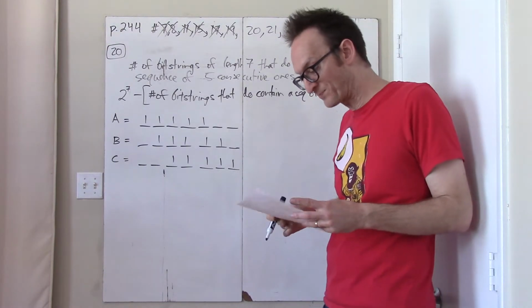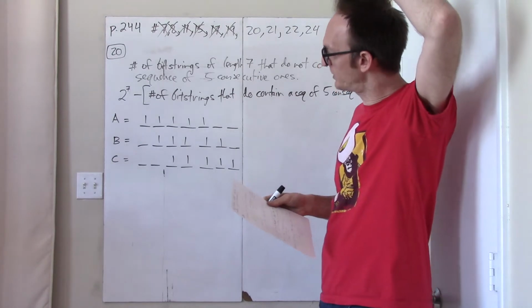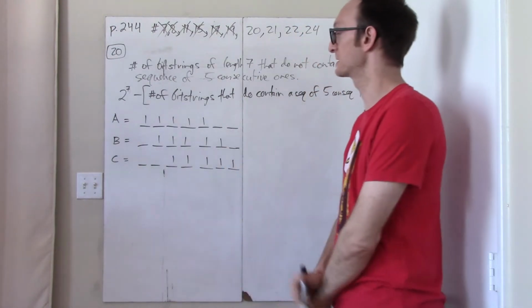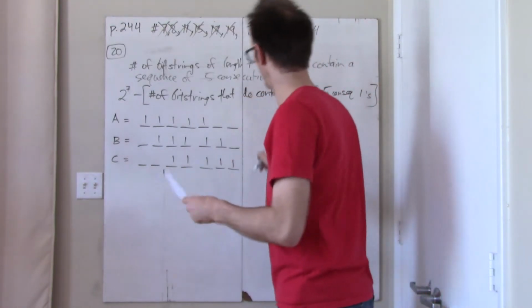But we want to know the number of strings which meet any one of these 3 properties. Let me just finish the formalism.